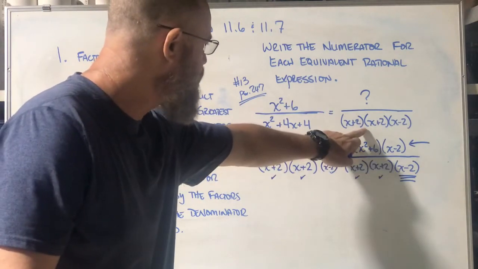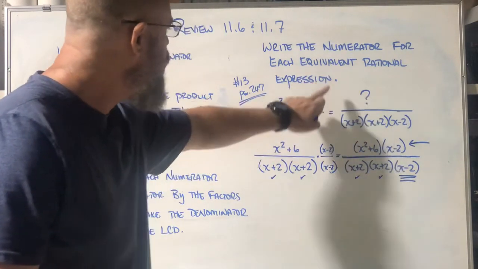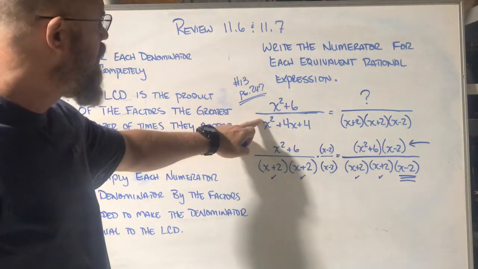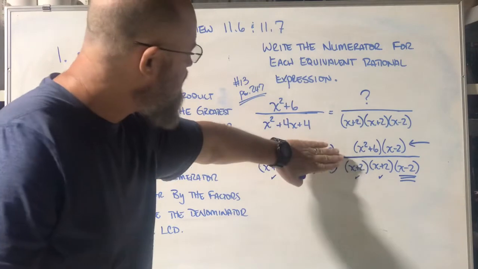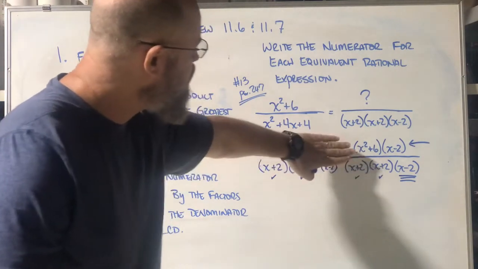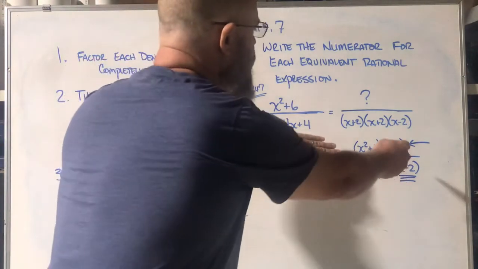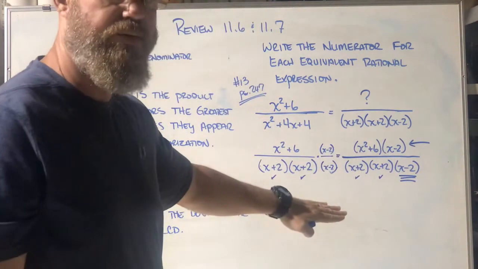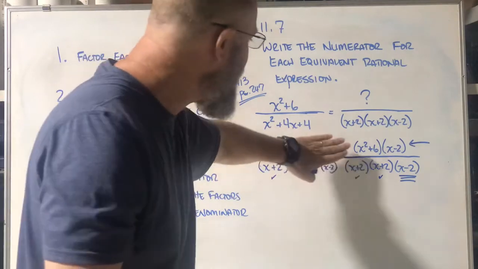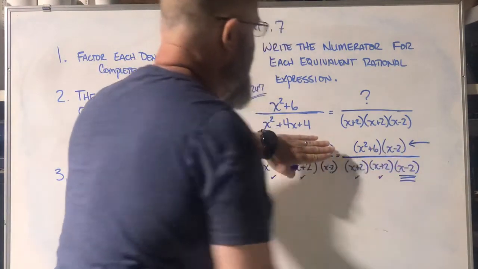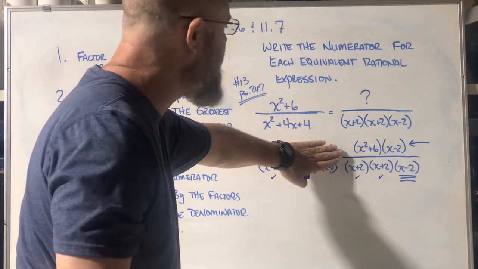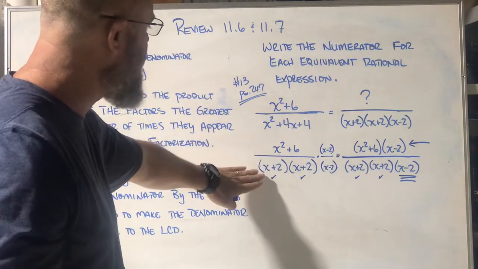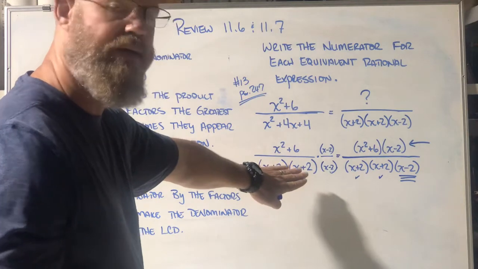This is our new rational expression that is equivalent to our original rational expression. And this makes sense because if you look at this rational expression, the numerator has an x minus 2 and the denominator has an x minus 2. If you wanted to simplify it, you can just cancel the x minus 2's and what's left is x squared plus 6 over x plus 2 times x plus 2.